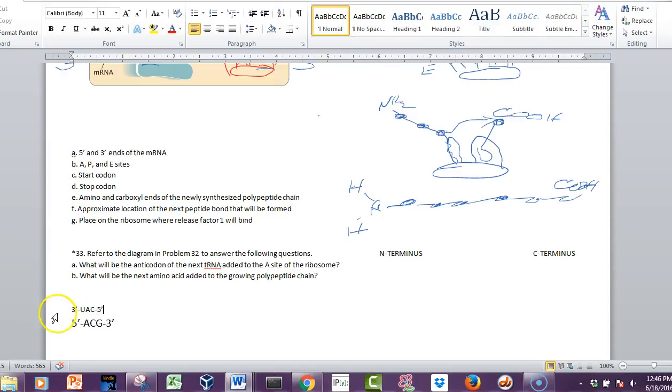Now this is part of the overall tRNA, but this part here is the anticodon, and it's matching up with the codon. This is variable, so ACG, whatever that code's for, that is variable.